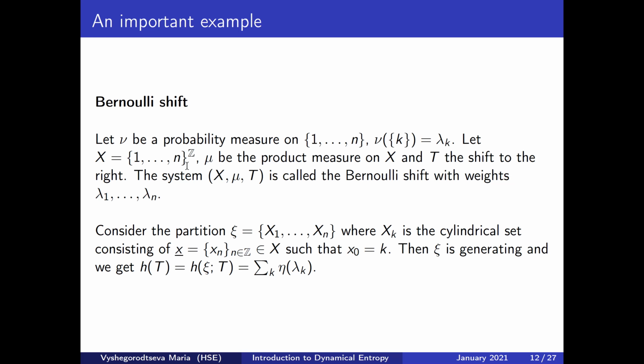The measure on this space is a product measure on X, and we define the Bernoulli shift as a map T that is a shift to the right. What it means is that we move the start of this word, the zeroth element of this word, to the right.